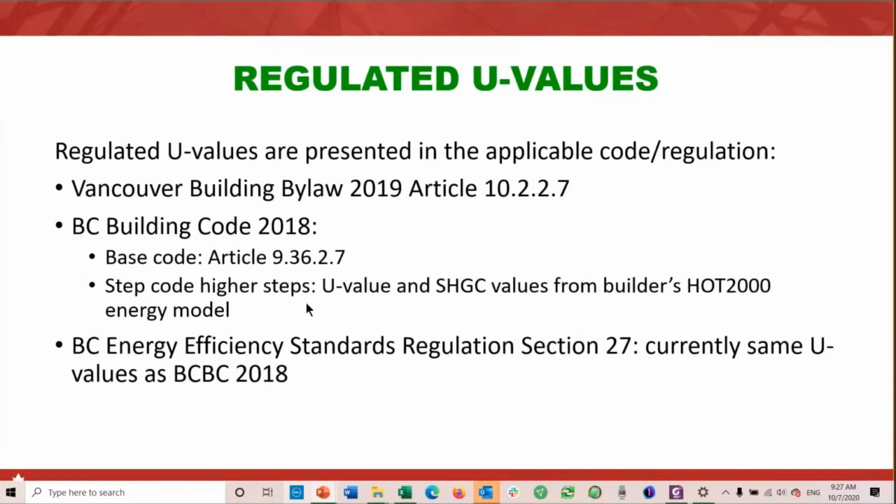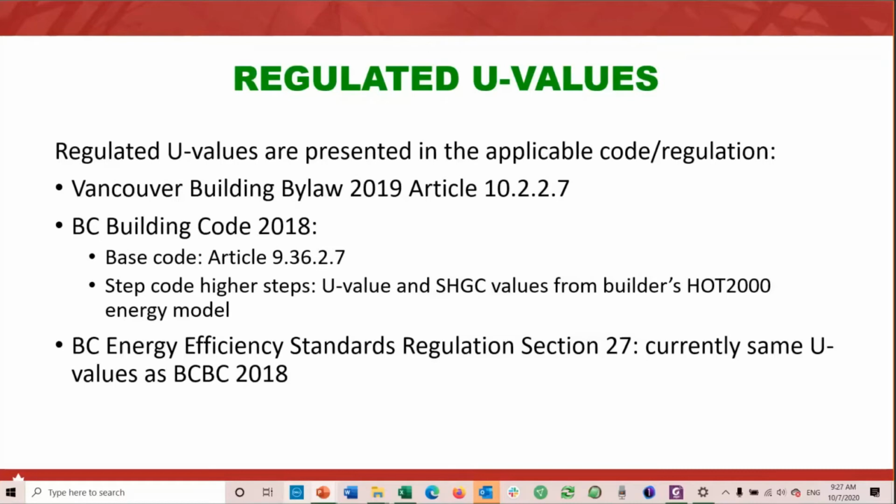For step code projects, I understand that the U value and solar heat gain values, when you're actually working with an energy modeler to model the energy performance of the whole building, the builder and energy modeler make decisions about which windows and doors they're going to use, and they will essentially come up with values that make the building work to reach a step code value, and they may come to a fenestration manufacturer and say, I need this U value and this solar heat gain coefficient for my windows.